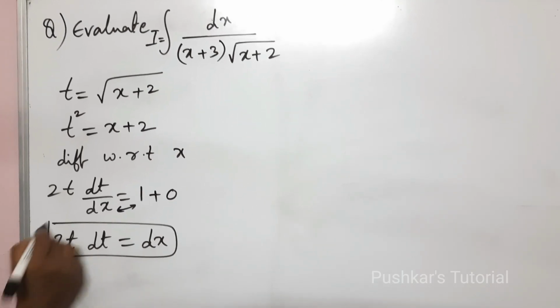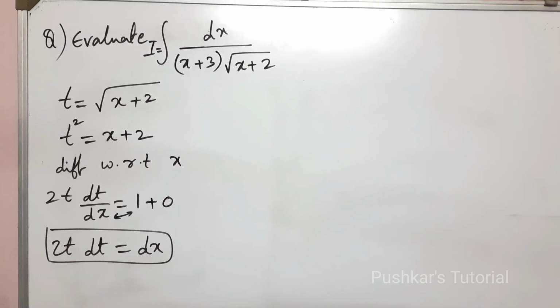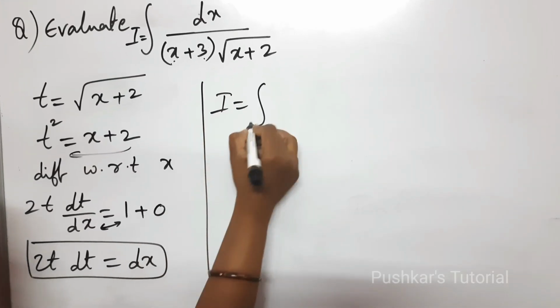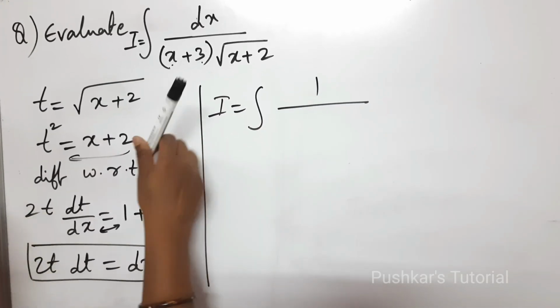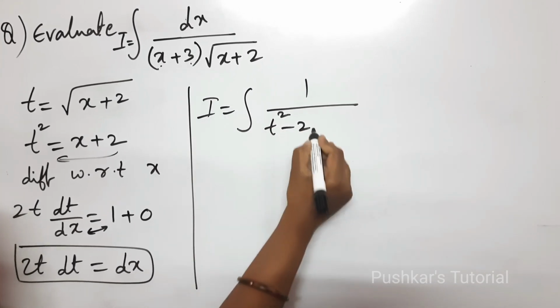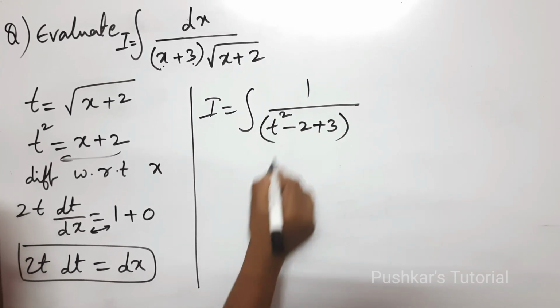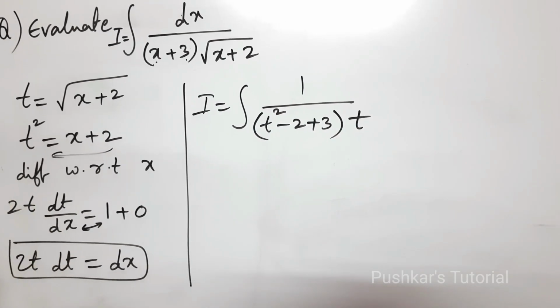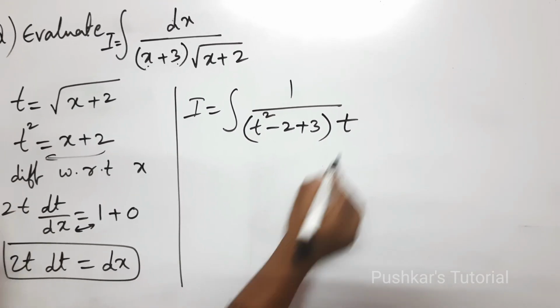Now substitute the values in our I. So I is equal to the integral of 1 by x, in place of x we can write t² minus 2, and plus 3 as it is. Next root of x + 2 we can write as t. Next the dx value is 2t dt.